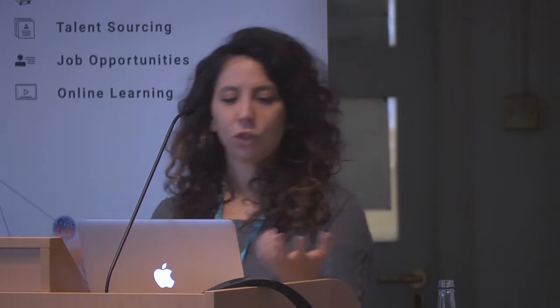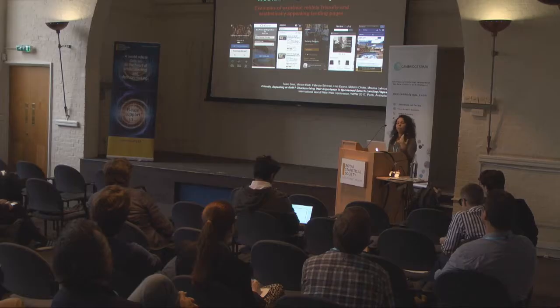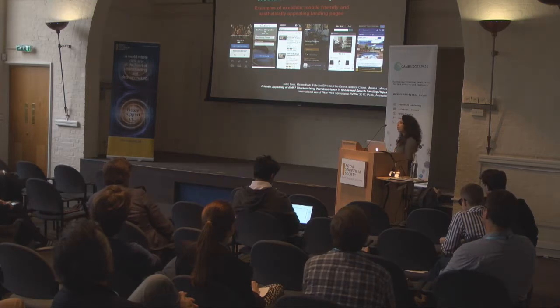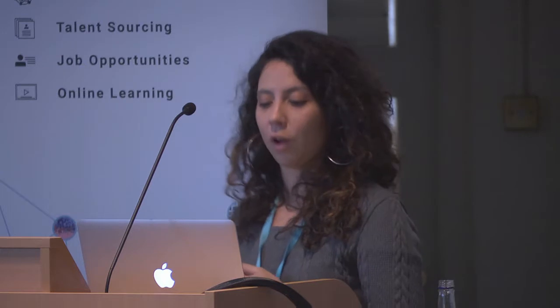And so what we did is that we extracted obviously a bunch of features from the HTML and from the code and from the CSS, but we also used the subjective machine vision framework on the screenshot of the landing pages. And with that, we saw that we could improve both the detection of aesthetically appealing landing pages, but also the degree of mobile friendliness of landing pages.